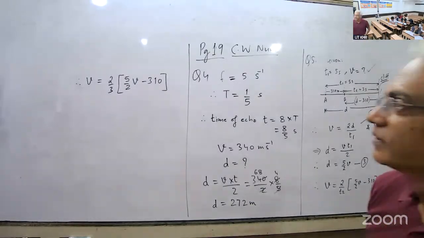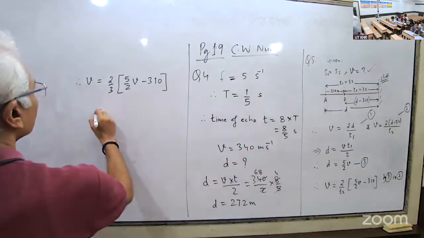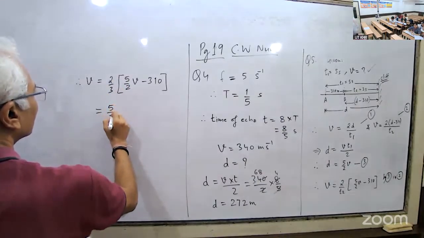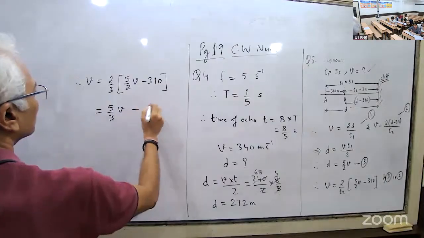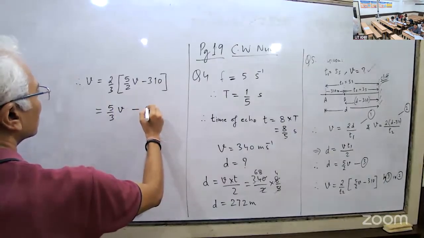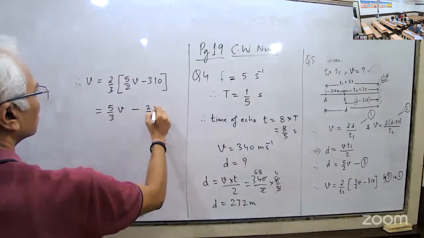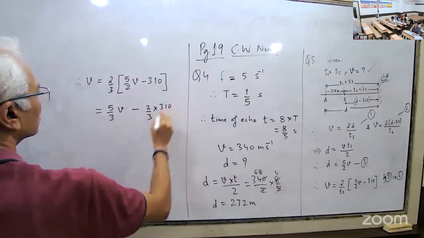All right. So now what is it? This 2 gets cancelled. It will be 5 by 3V minus 2/3 into 310.